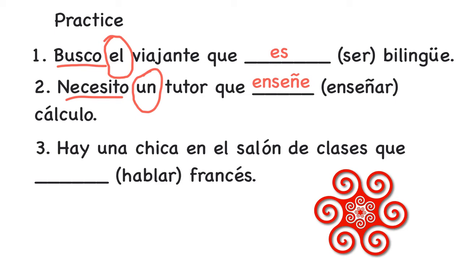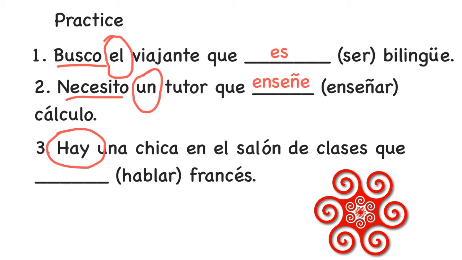What about the third sentence? Hay una chica en el salón de clases que hablar francés. Now, the moment we see hay, which in English is there is, we know that the girl exists. Therefore, we're going to use the indicative. Okay, hay is an indicative indicator.